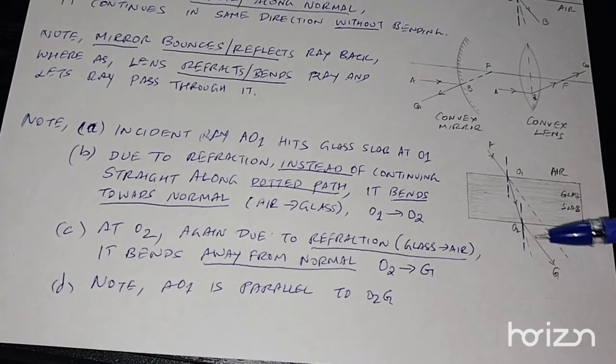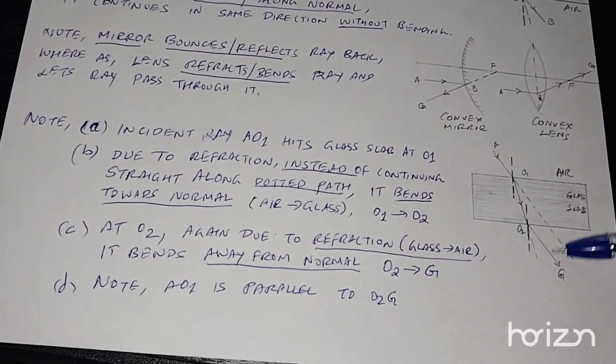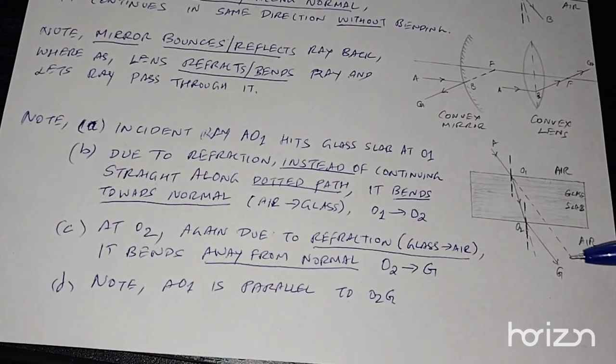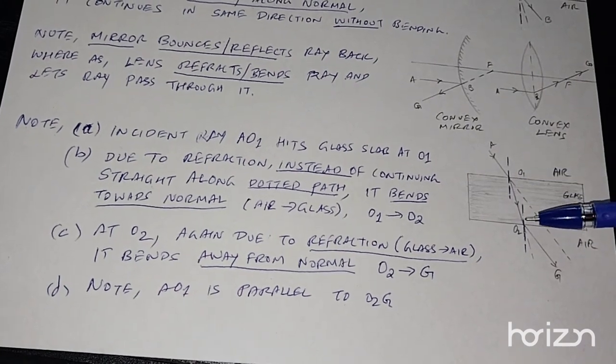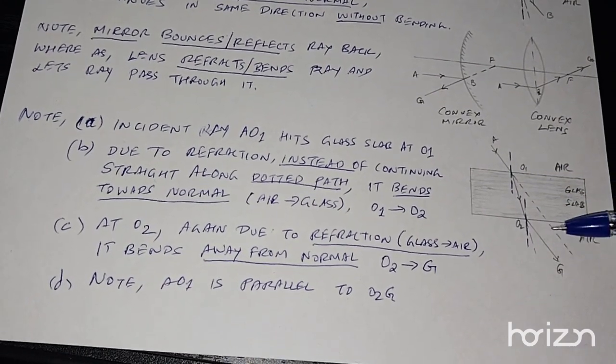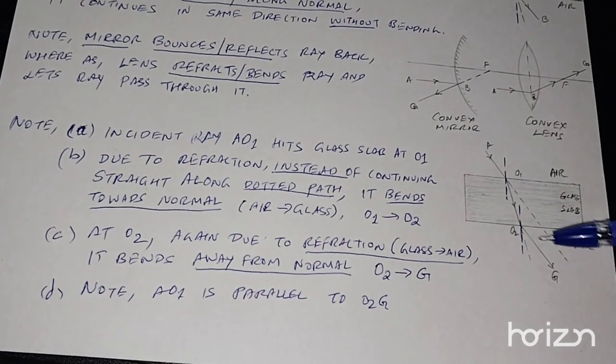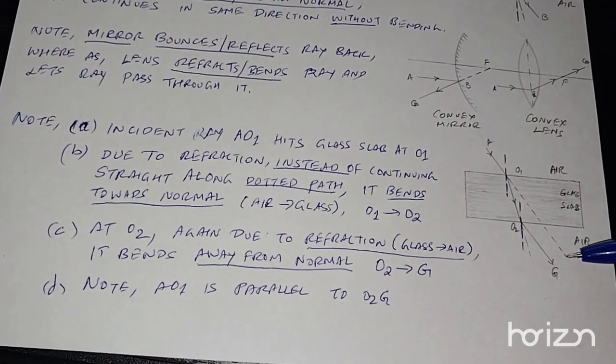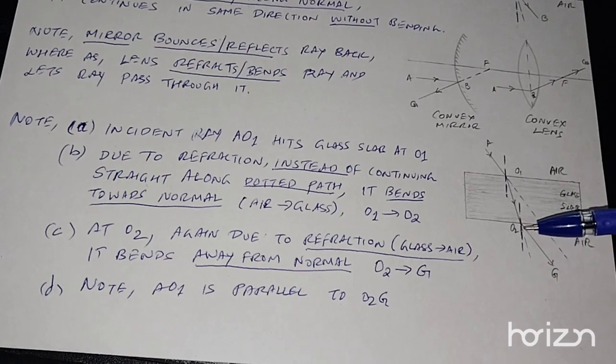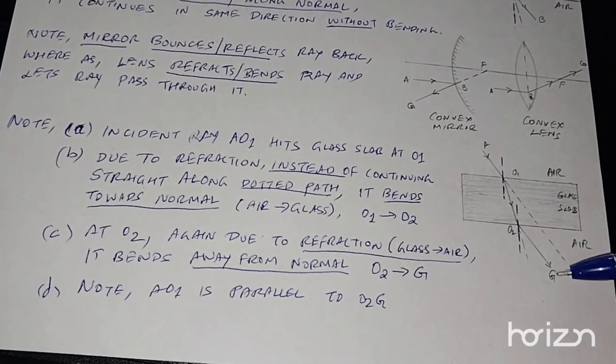So this ray seems to be displaced by this amount. Instead of going in its original direction, it has bent towards the normal, then away from the normal, and has come out at some distance from its original direction. Note that AO1 and O2G are parallel to each other.